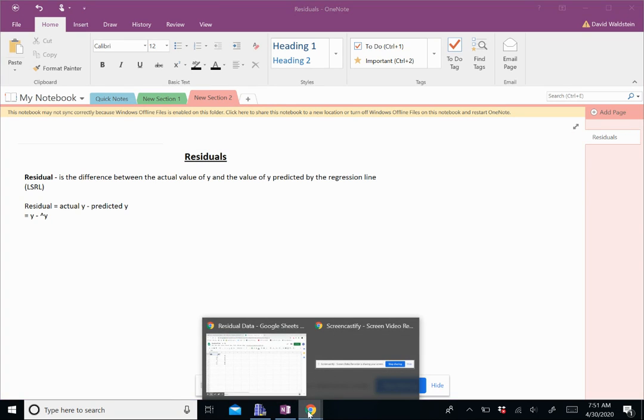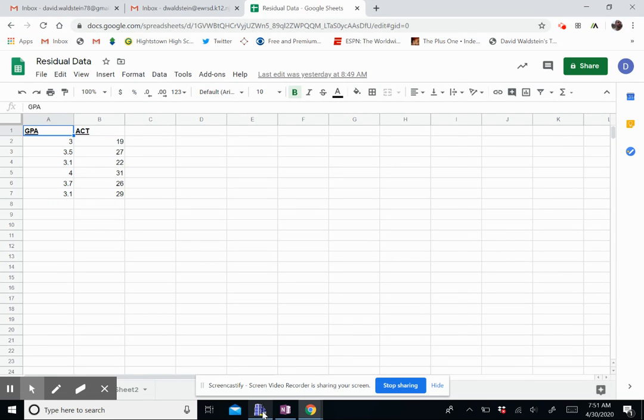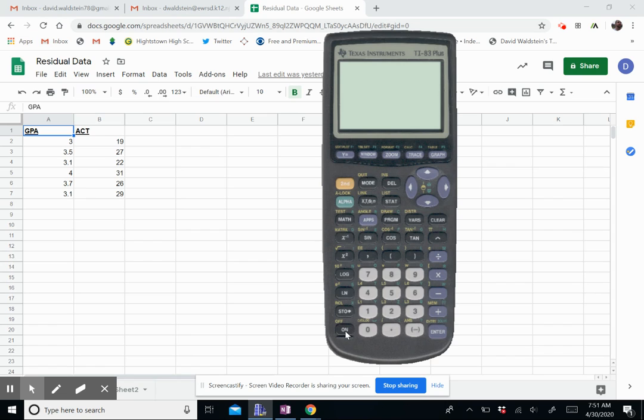All right, so let's look at some data here. I think I have this in there from my last one. I'm going to delete that so I can show you how to do it later.